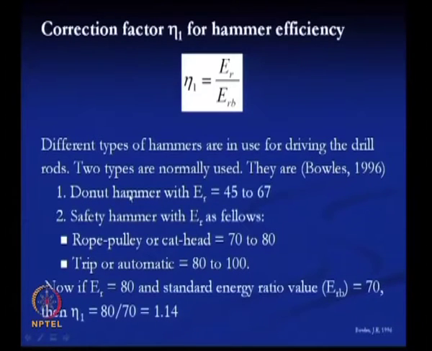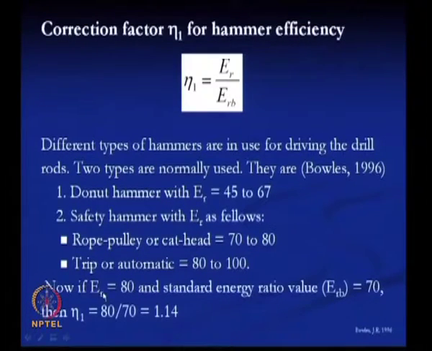For the donut hammer, the ER value varies from 45 to 67. For the safety hammer, if it is a rope pulley or cathead system, then the ER value is 70 to 80, and if it is a trip or automatic system, then the ER value is 80 to 100. So, how will we calculate this first correction factor due to hammer efficiency?